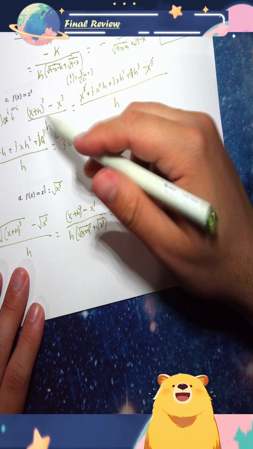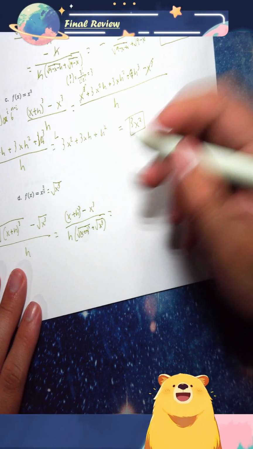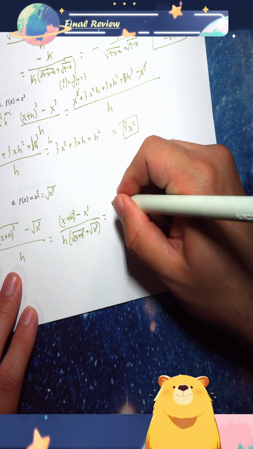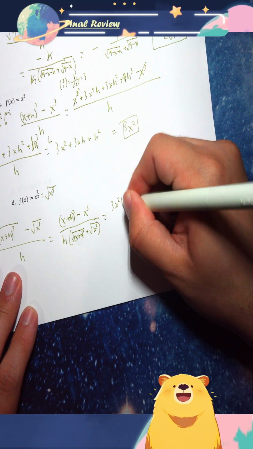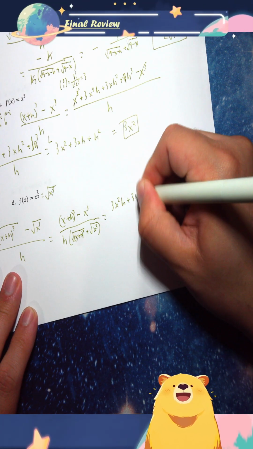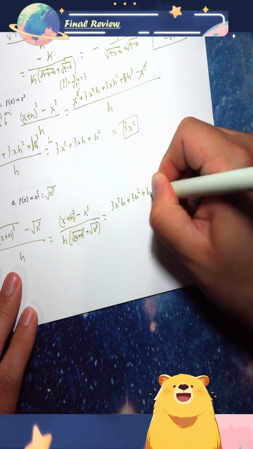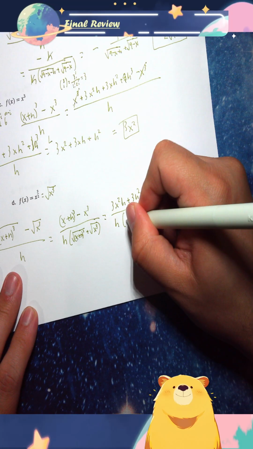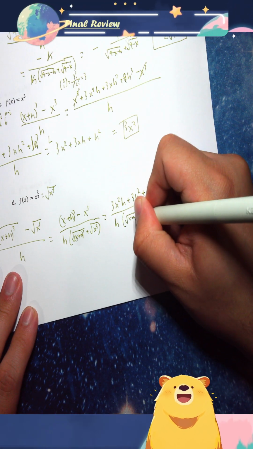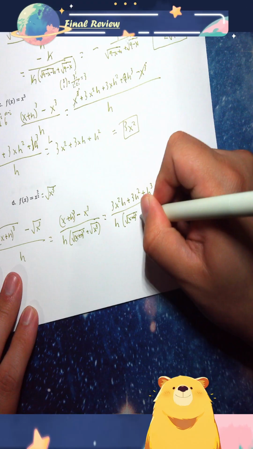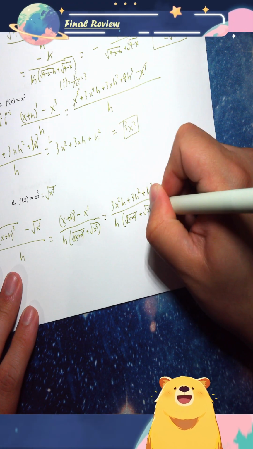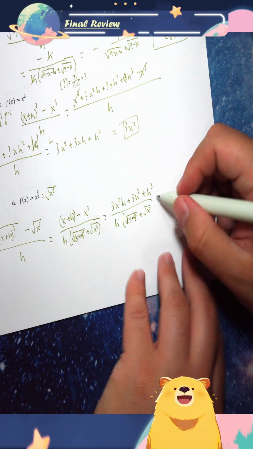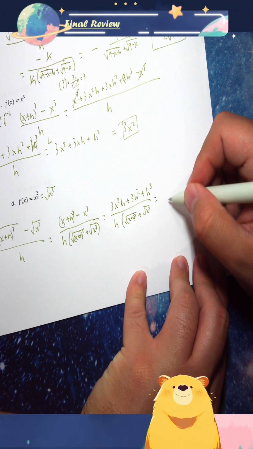And I'm just going to copy and paste what we got from the top here to get 3x squared h plus 3x h squared plus h cubed over h. The same thing, the square root of x plus h cubed plus the square root of x cubed. Divide out the h's.